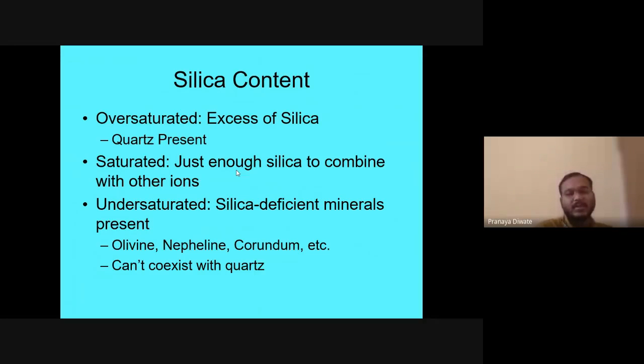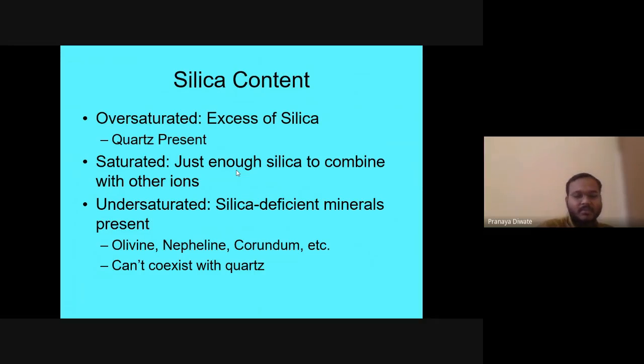Saturated means just enough silica to combine with the other ions. Whenever silica-deficient minerals are present, that is known as undersaturated.